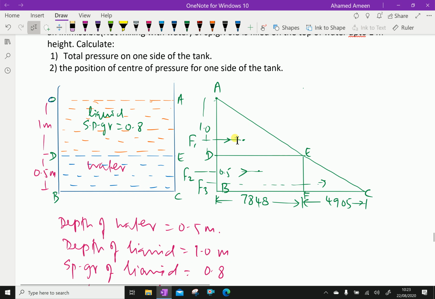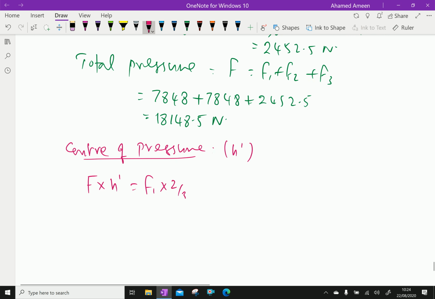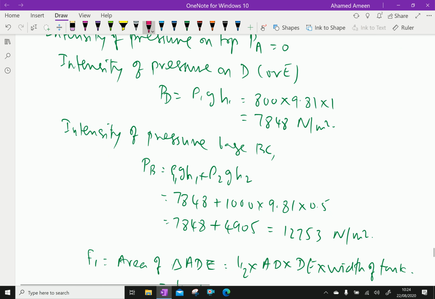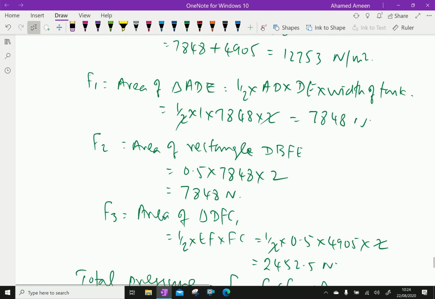This is a triangle, so the center of gravity is two-thirds from A, two-thirds of AD, plus F2 into AD plus half of BD, the CG of this rectangle.